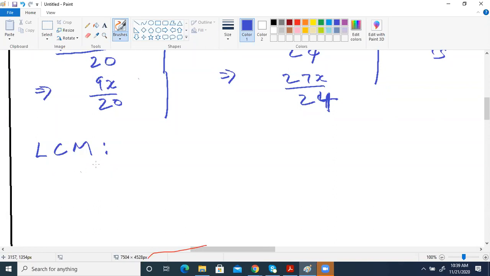So if somebody said find the LCM of 3 and 5, you would tell them, oh sir, it's 15.